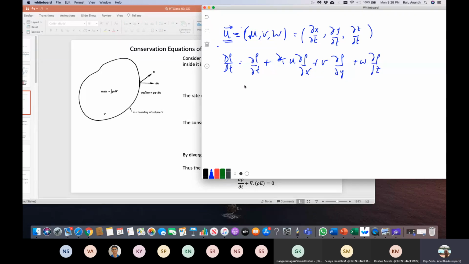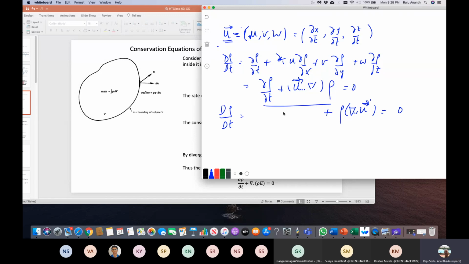In short form this can be written as d rho dt plus u dot del of rho. So what did I get? D rho Dt was this quantity plus rho del dot u. Again, u is a velocity vector. Incompressible means this is 0.